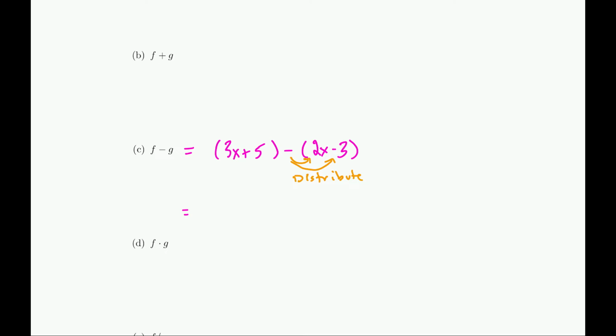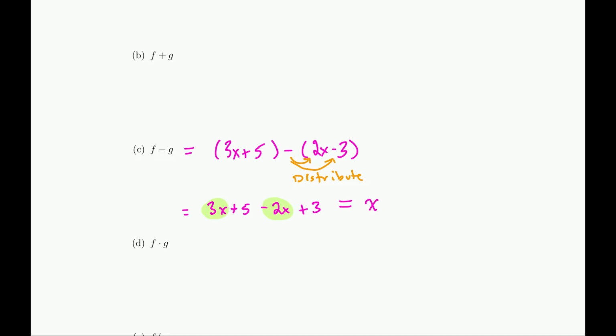So this one would be 3x plus 5. You don't need parentheses there. But then minus 2x, and then minus 3, which would actually be plus 3. Then you have to combine your like terms. The 3x and the negative 2x are like terms. 3x minus 2x is just x.